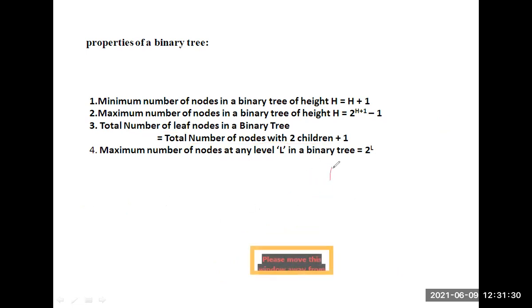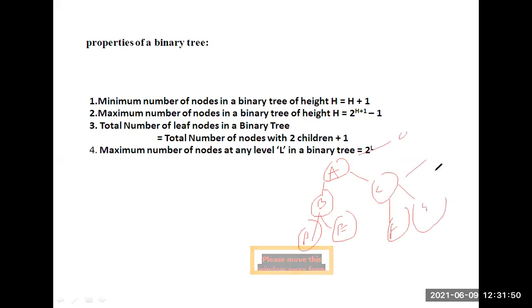I am drawing one diagram A, and I am considering left child B, right child C. It has left child D and right child E, and it has left child F and right child G. So what is the height here? Height is 0, 1, and 2. So 2 power L, 2 power 2 means 4. So the maximum number of nodes at level 2 is 4 nodes.